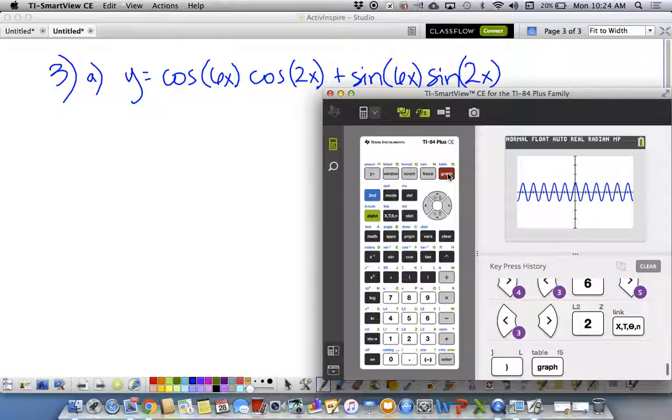Are you coming up with a graph? Because I will make you eventually do these by yourself. Hit the trace button. Are you still x is 0, y is 1? It's still what type of graph? Cosine graph. That's not changing.